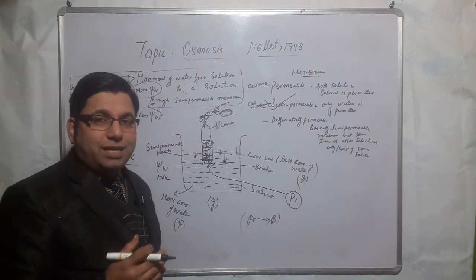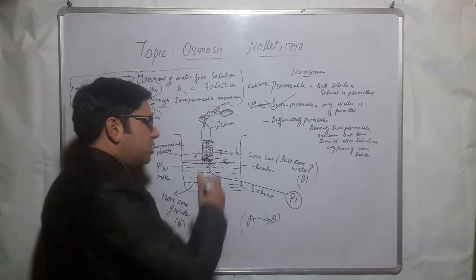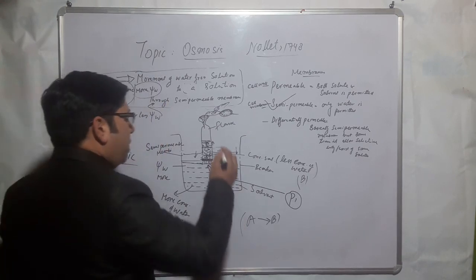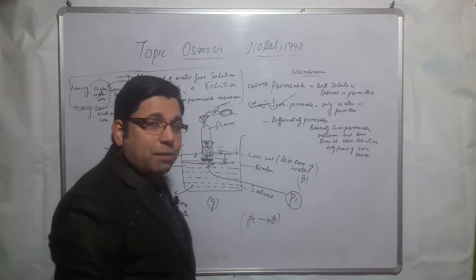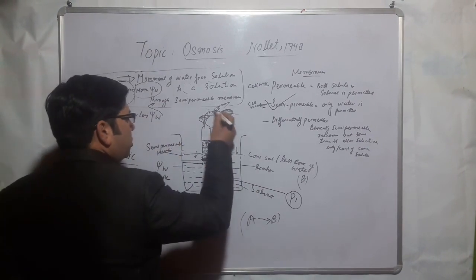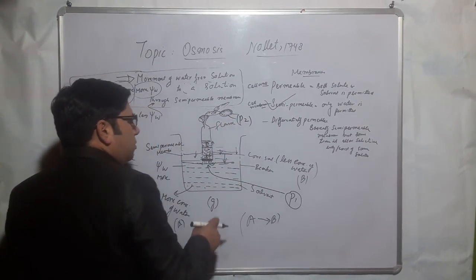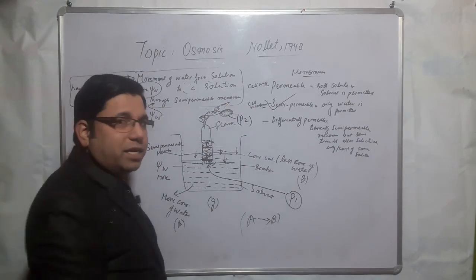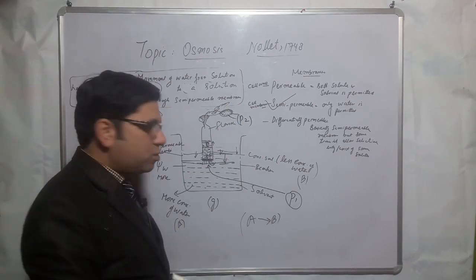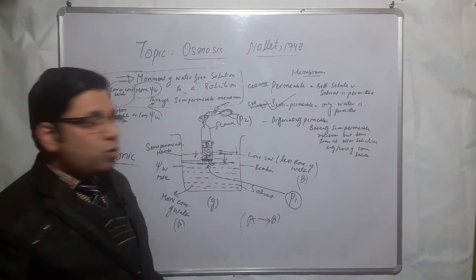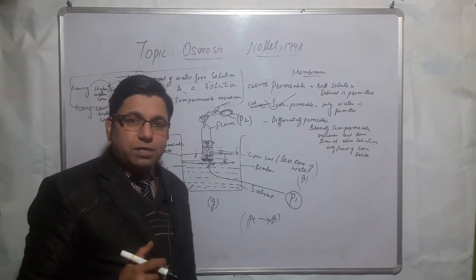Now we want to prevent the osmotic entry of water. Then what we have to do is apply a counter pressure from this knob, which will be called P2, pressure 2. We apply this pressure from outside so as not to allow this water to go inside, or not allow it to have osmotic entry.